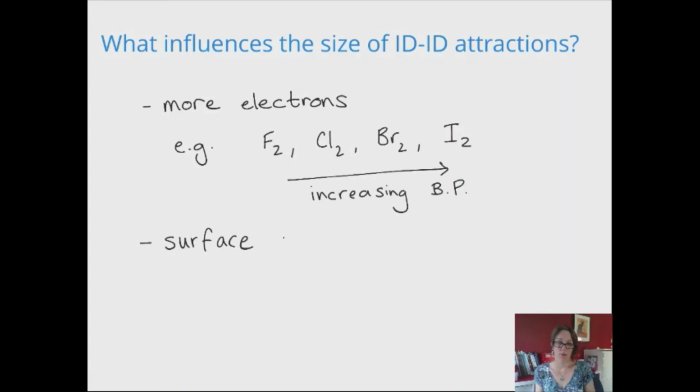When you're comparing two molecules that have the same number of electrons, such as isomers, then instead you're looking at surface area. So if we were to consider three different isomers of pentane, you've got pentane, you've got methyl butane, and you've got dimethyl propane.